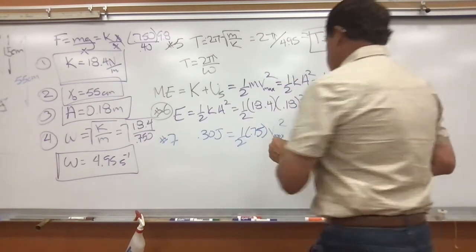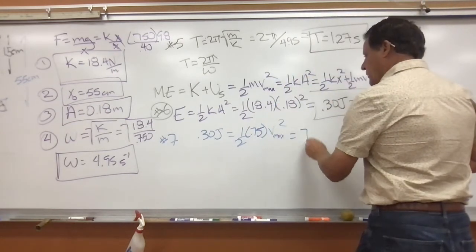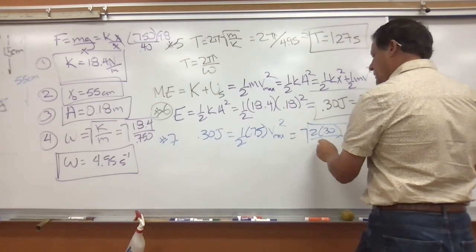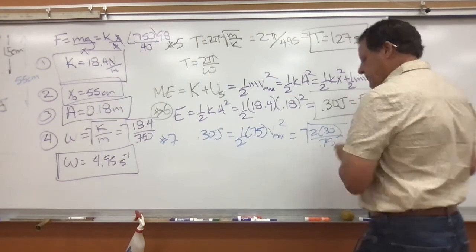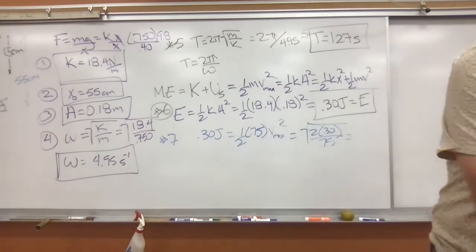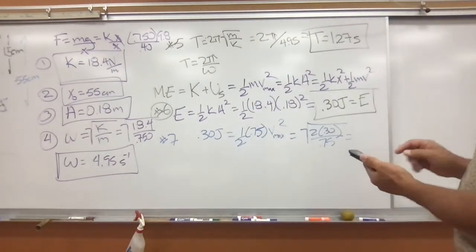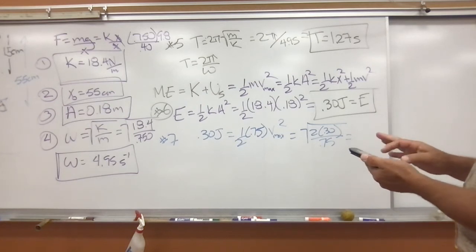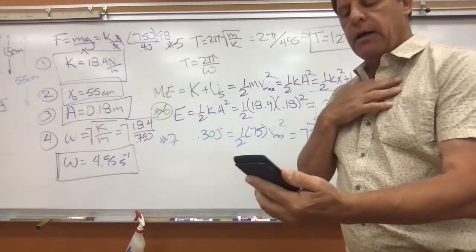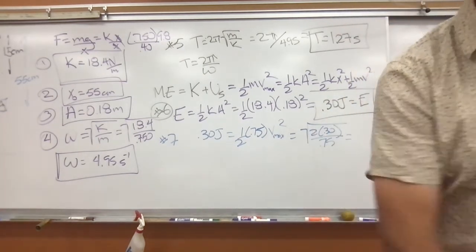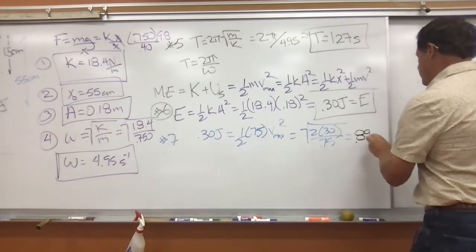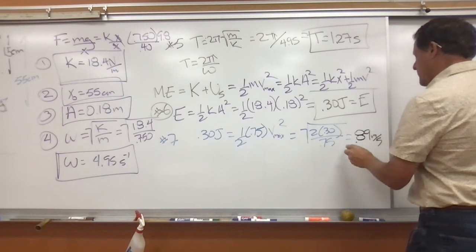So we're going to end up having here the square root of 2 times 0.30 divided by 0.75, and that's going to give us a maximum velocity of 0.89 meters per second.